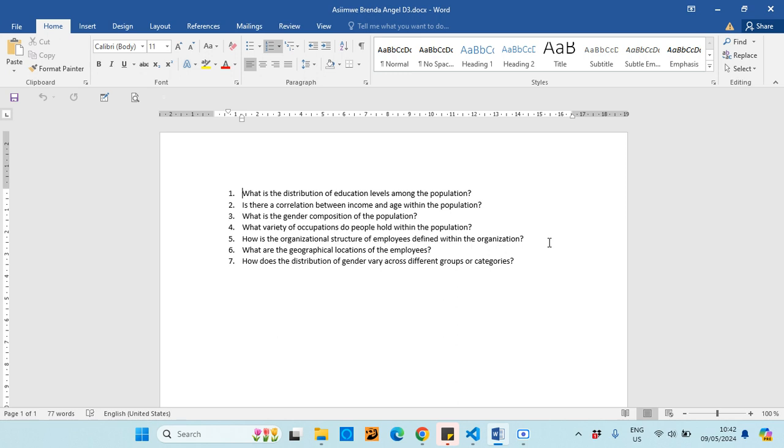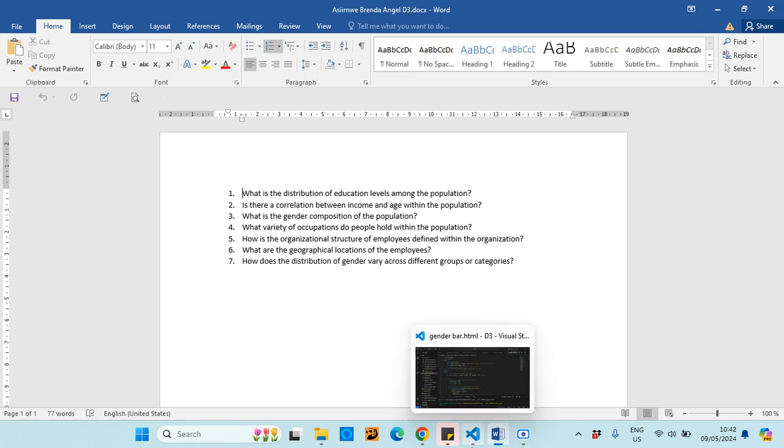Then geographical locations, where I used maps, and the distribution of gender across the age groups. For distribution of gender, I used both a bar graph and a pie chart. So we shall get into each of the things that we looked at.